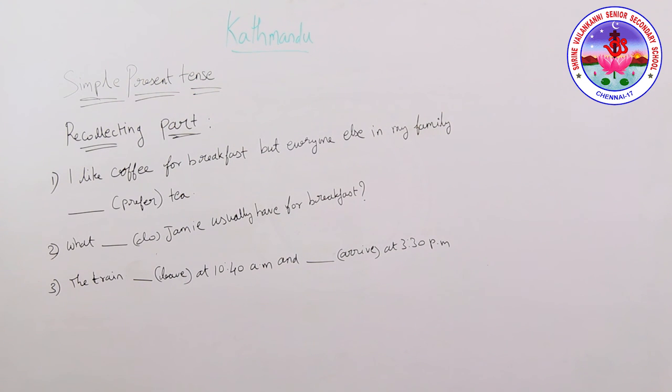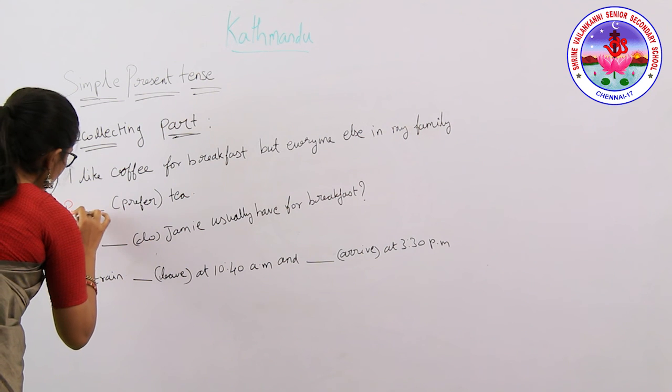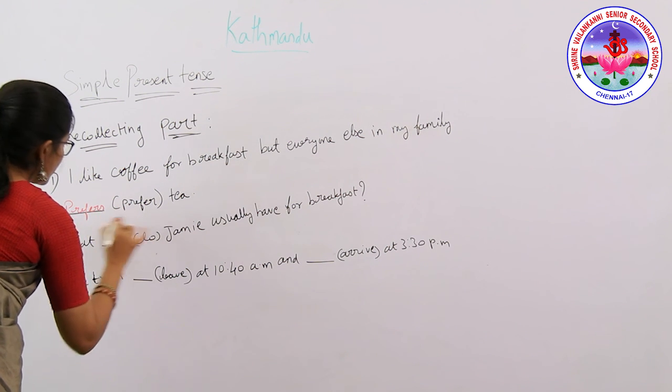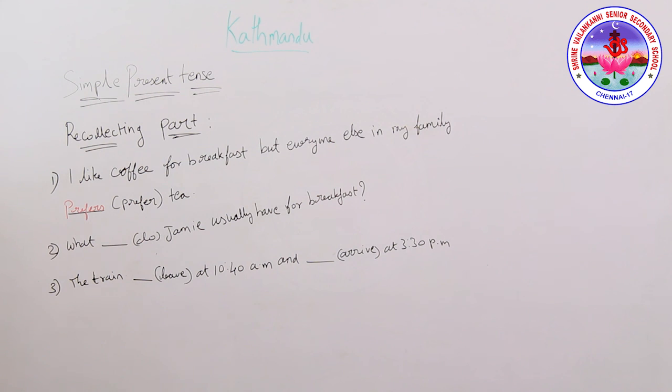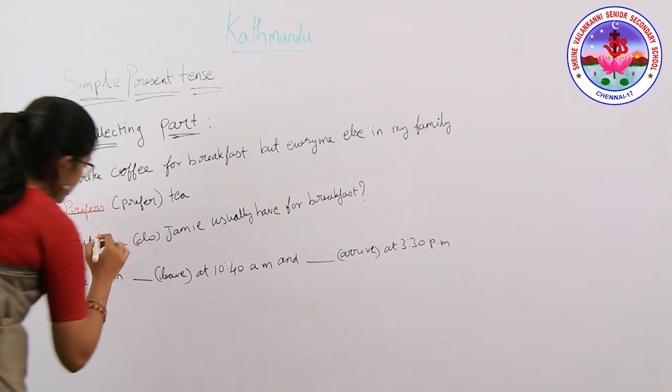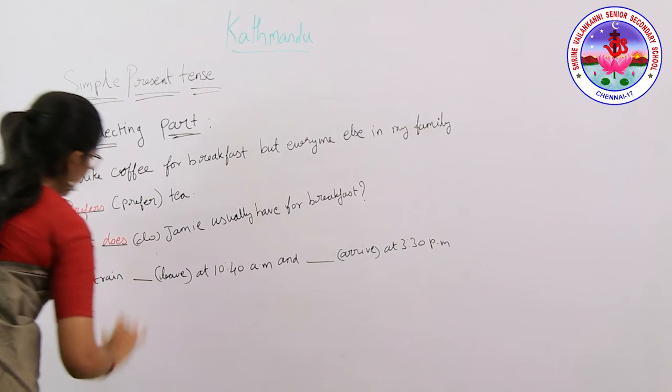So here is your answer. I like coffee for breakfast, but everyone else in my family prefers tea. So it is prefers tea. The next one: what dash do? It's not do, it's does.